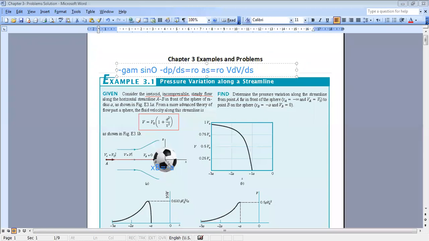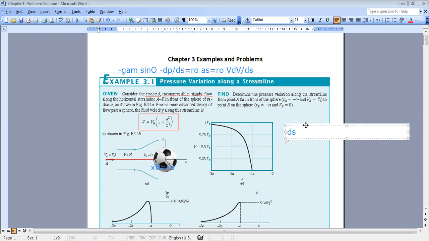Now, in this particular problem, what is S? So we are interested in which streamline? We are interested in the following streamline, which is horizontal. If you go back to your slides, when you did the analysis for a small ds, you considered a fluid element along ds. So this is ds, okay?